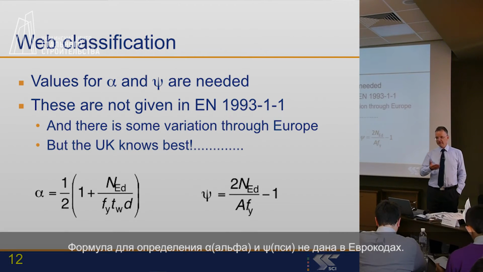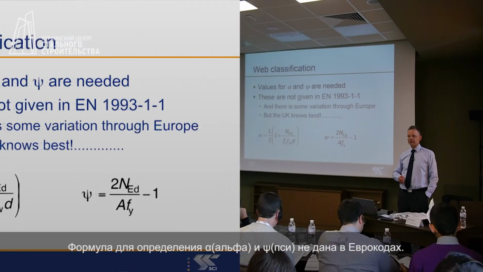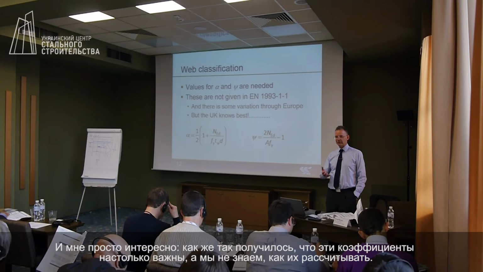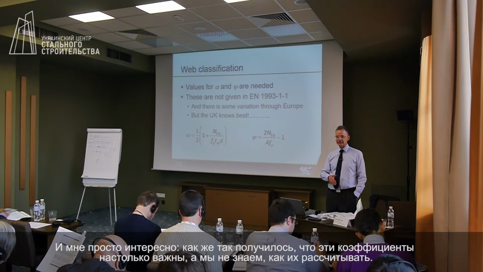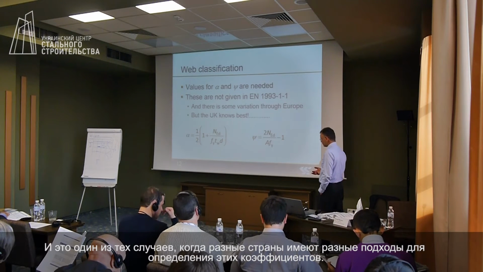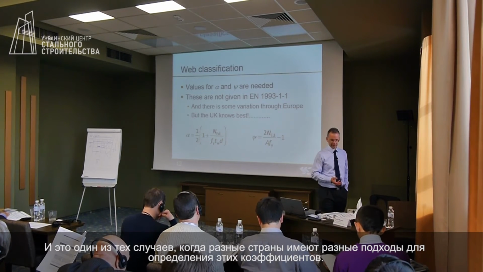The formula for alpha and psi are not given in the Eurocode. And I wonder how that can be, that something so important, we're not told how to calculate it. And this is one of those areas where different countries have different views for how this should be calculated.